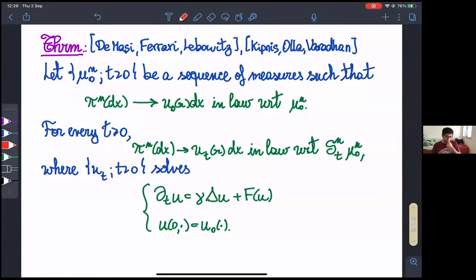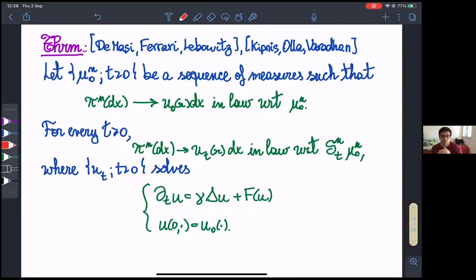Then we have to think about the large time behavior of this hydrodynamic equation, right? What's going to happen is that the stationary solutions of this hydrodynamic equation, since we are in finite volume, are just given by the zeros, the stable zeros of the function f.